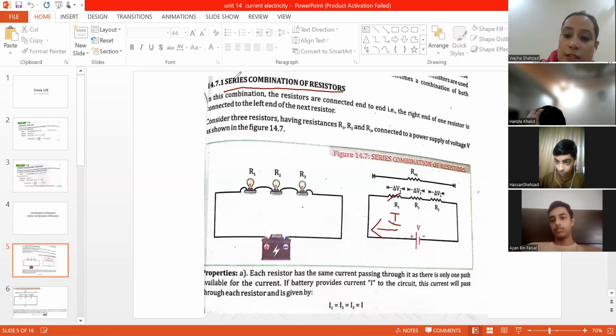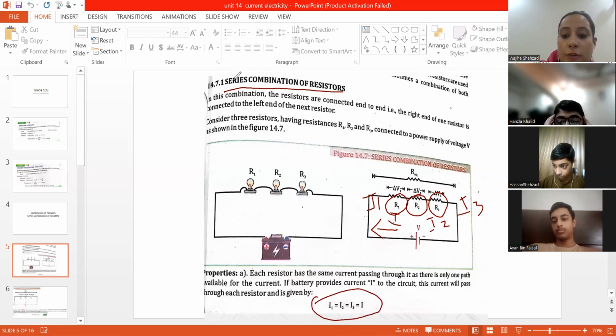Across R1 the current will be I1, across R2 the current will be I2, and across R3 the current will be I3. We name them I1, I2, I3, but all of them have the same value, meaning they are equal to I. The total current flowing in the circuit will pass through R1, R2, R3.